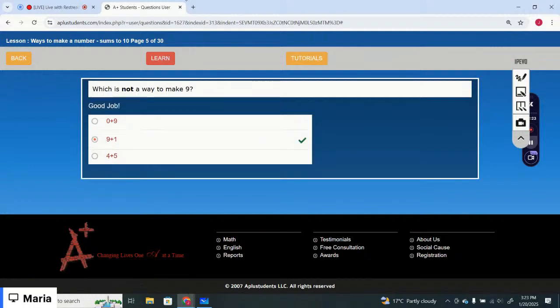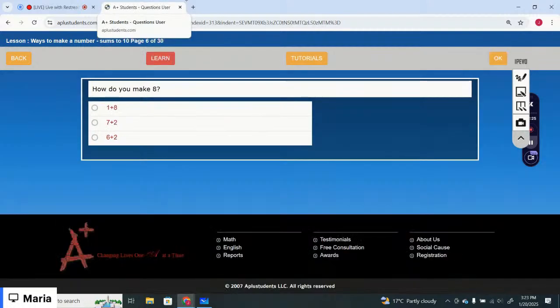Option number 2 is the correct option. How do you make 8? That is 6 plus 2. Option number 3 is the correct option.